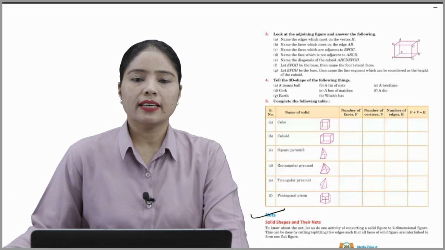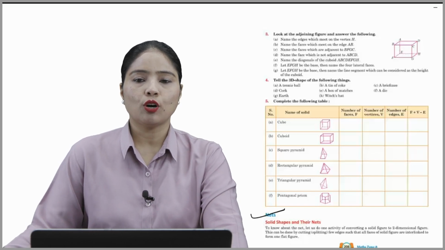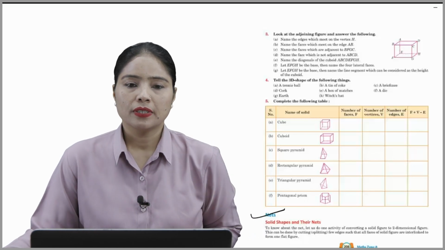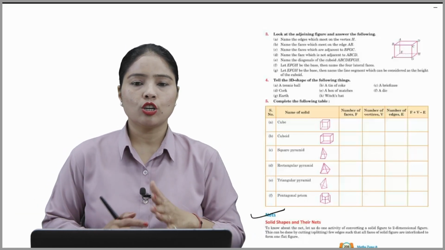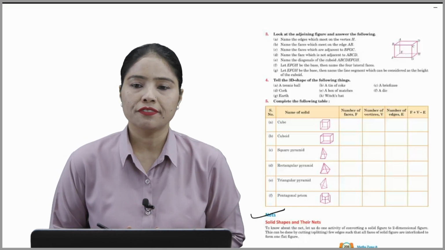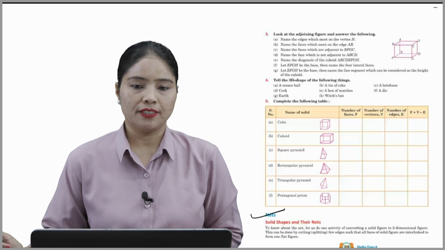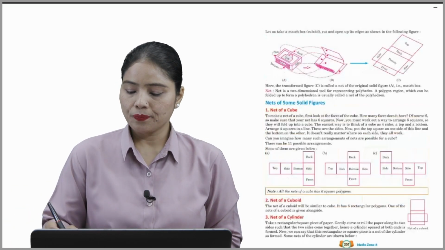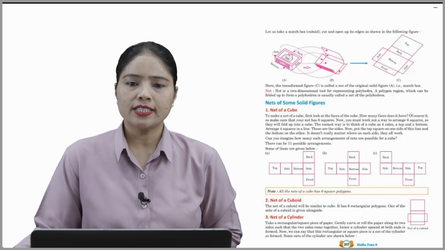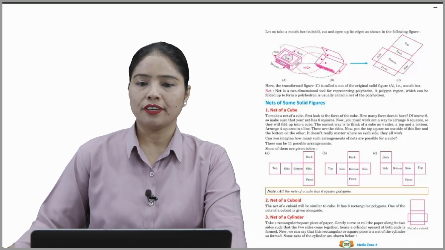Solid shapes and their nets. To know about the net, let's do one activity of converting a solid figure to a two-dimensional figure. This can be done by cutting or splitting a few edges such that all faces of a solid figure are interlinked to form one flat figure. Now next, let's take a matchbox, that means a cuboid, cut and open up its edges as shown in the following figure.